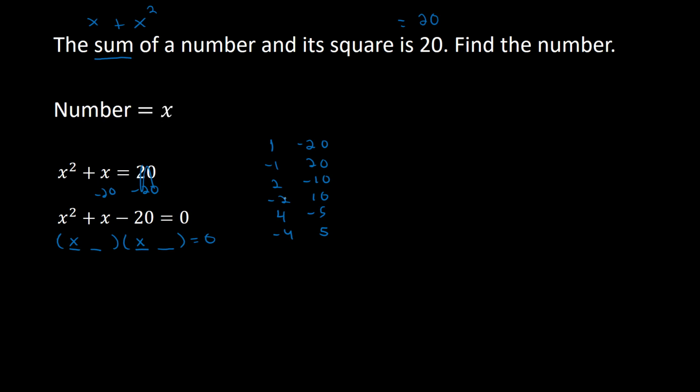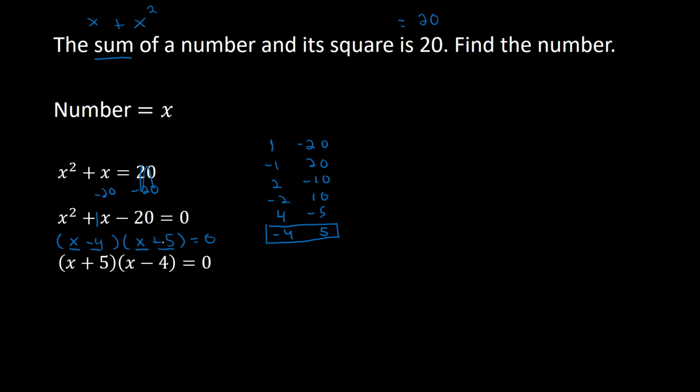Well, to determine that, we need to figure out which ones add up to give you the middle term. The middle term is a 1. It's a plus 1x. So how do we get a positive 1 back out? Well, we see negative 4 and 5 would add together to give me a 1. So that's what we're going to use. We're going to use the negative 4 and then the positive 5.